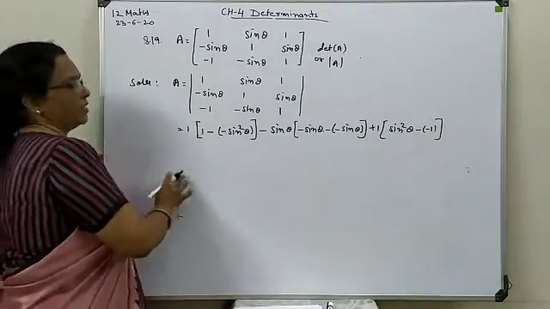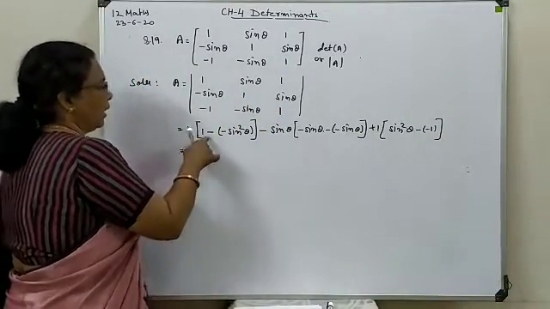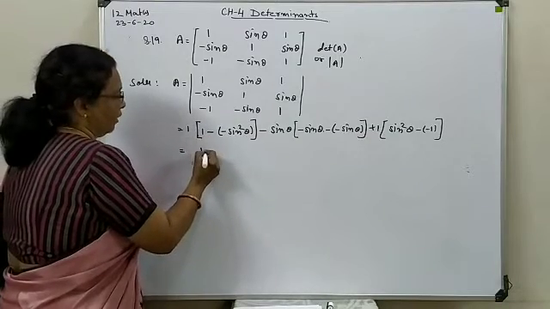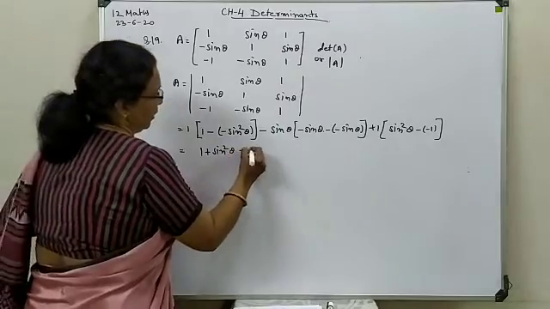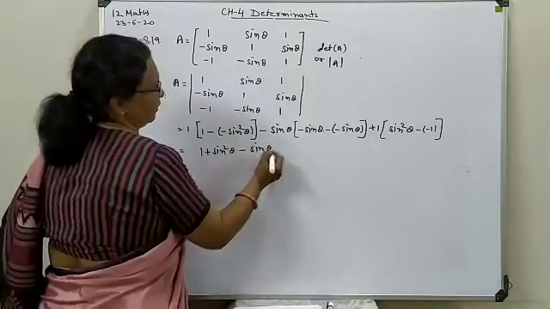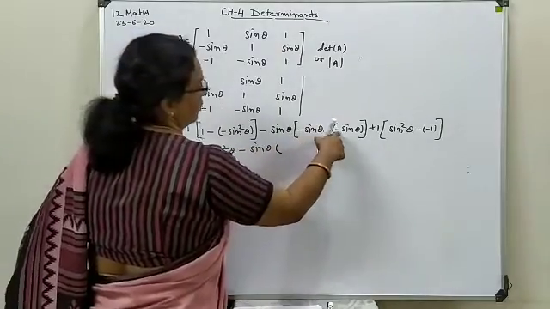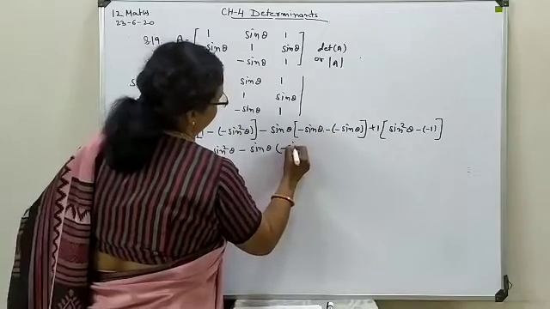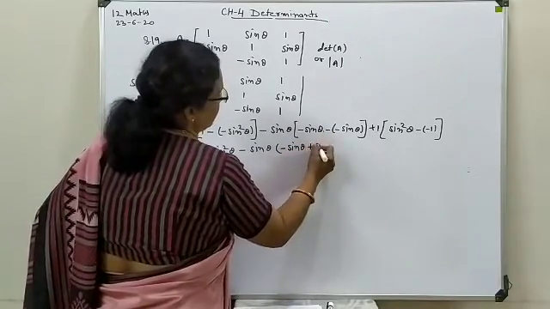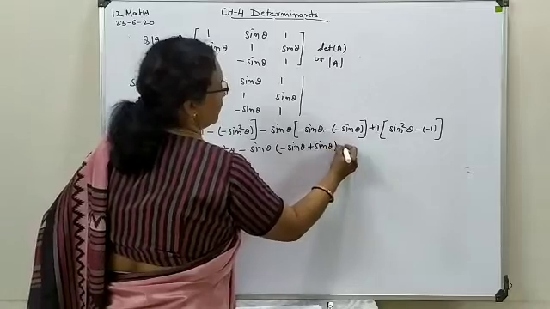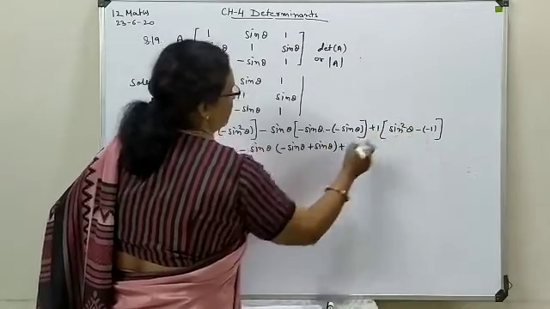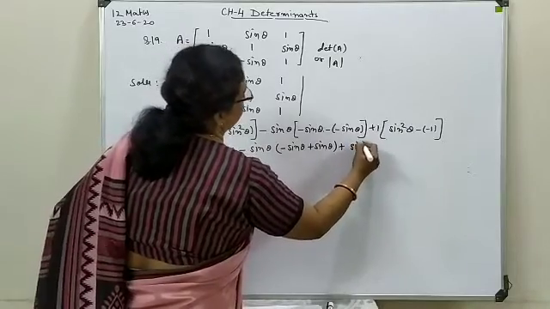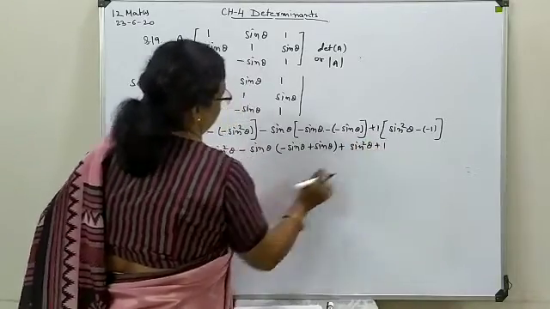Now adjust your signs, minus minus plus, so 1 plus sine square theta, here minus sine theta, inside the bracket it will turn to plus, so this is minus sine theta plus sine theta. Here also 1 is outside, so it will remain unaffected, minus minus plus, so this will also turn to sine square theta plus 1.